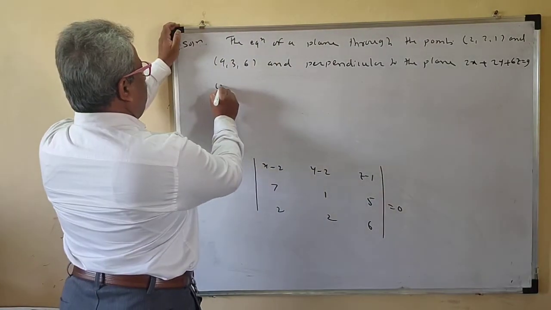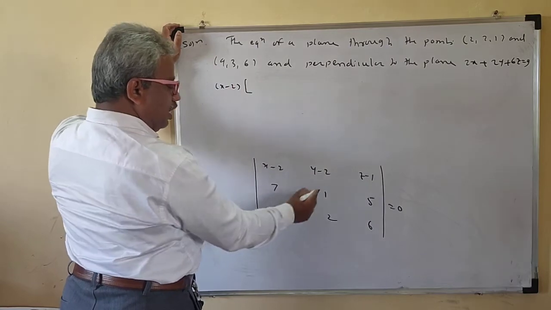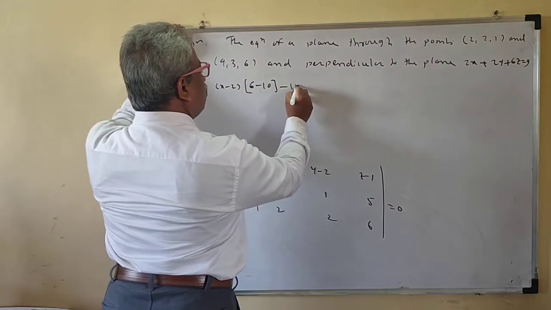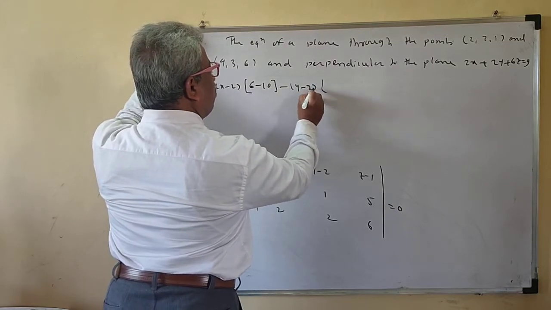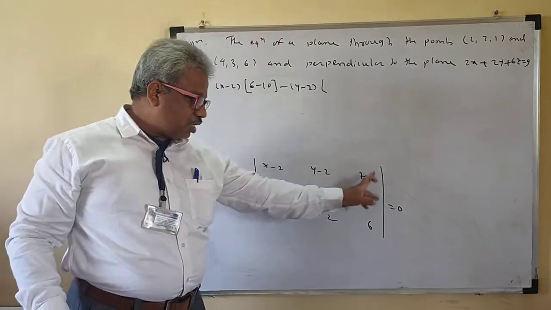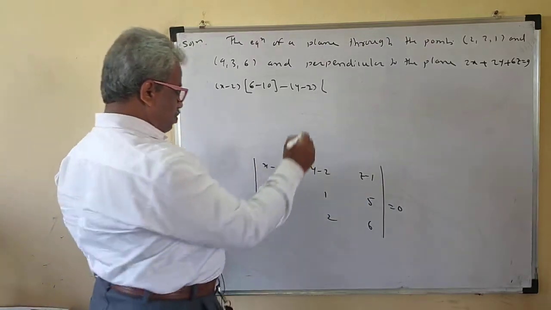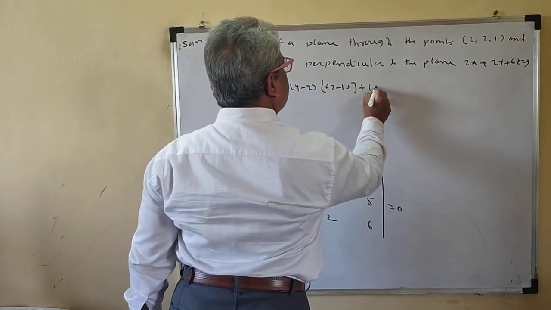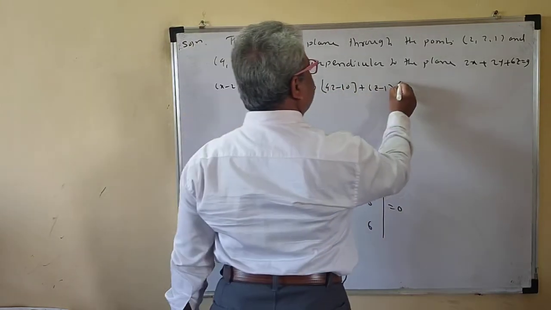So this is (x − 2)(6 − 5) minus (y − 2) — you have to write y − 2 in brackets, note that — dropping the corresponding row and column, then (7 into 6 is 42, minus 10) plus (z − 1)(14 − 2).